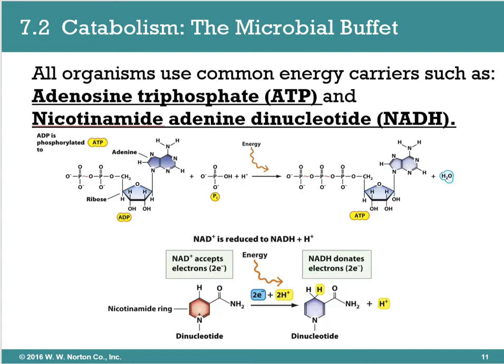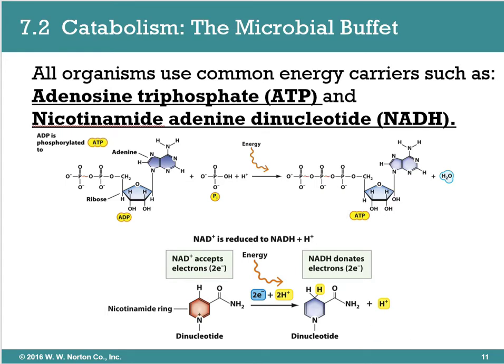And specifically the molecule that we use is ATP, adenosine triphosphate. We use these to carry energy, and then we also use another molecule. I'm not even going to attempt that name, but it is called NADH. ATP is this molecule right here. Fabulous. It's this beautiful molecule.